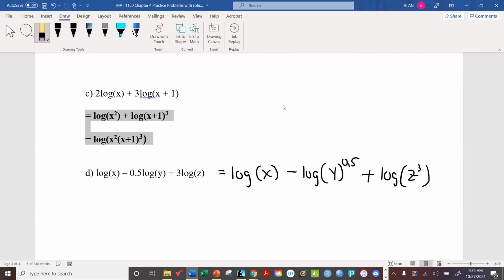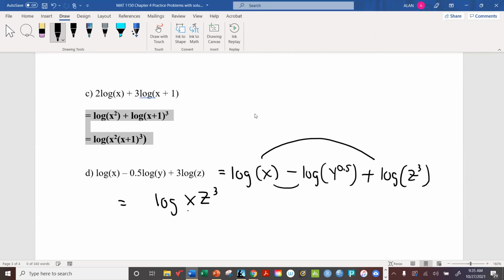Actually, let me write it like this. Okay, well then we've got log x. Because these two are being added together, I can turn that into a product. And since I'm subtracting this one, I can write that as a ratio.